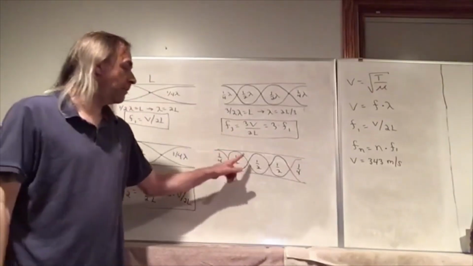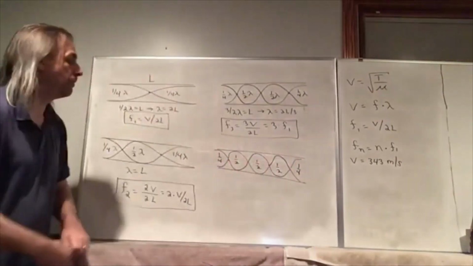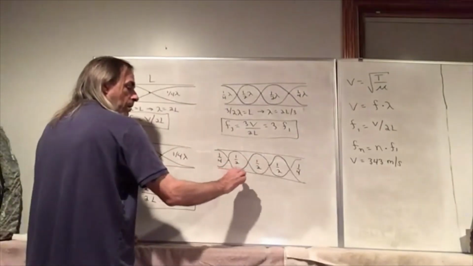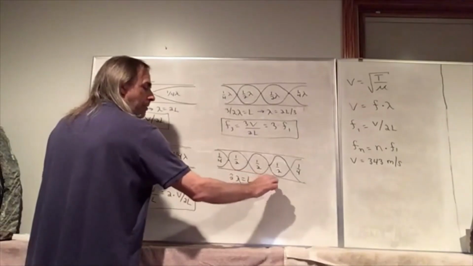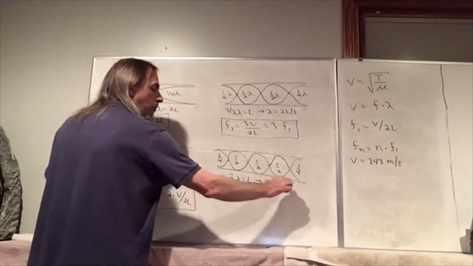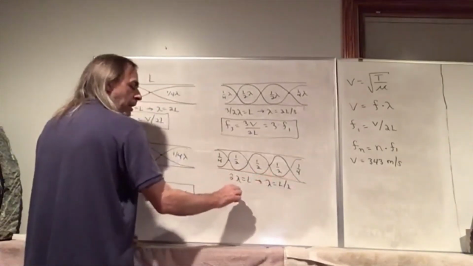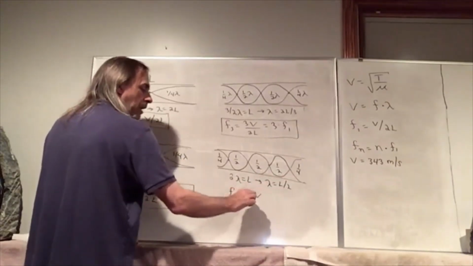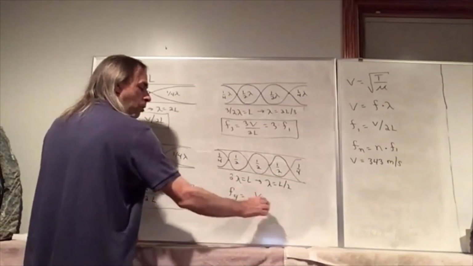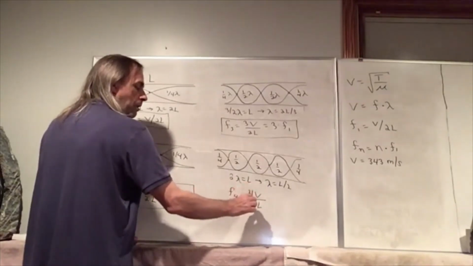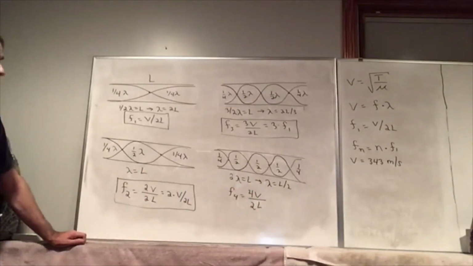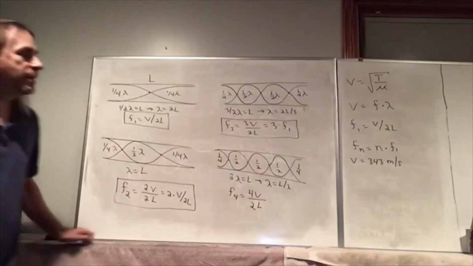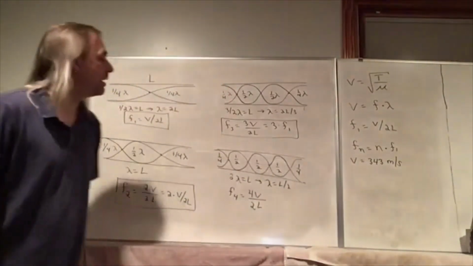So a half and a half plus a half and a half, 2 lambda equals L. So lambda is L over 2. And F4 is V over L over 2. But let's multiply the top and bottom by 2. And so again, F4 is 4 times F1. So this result seems to hold up here as well.